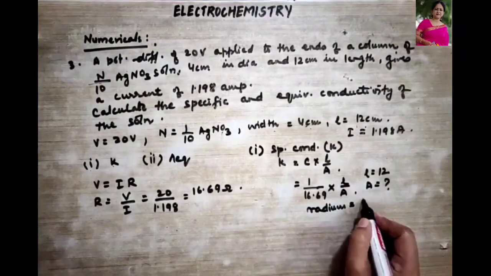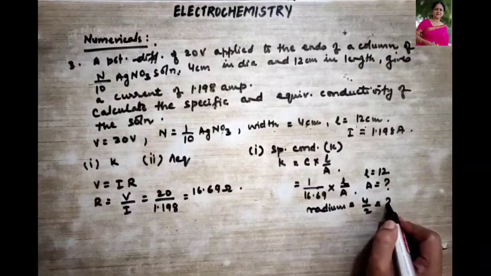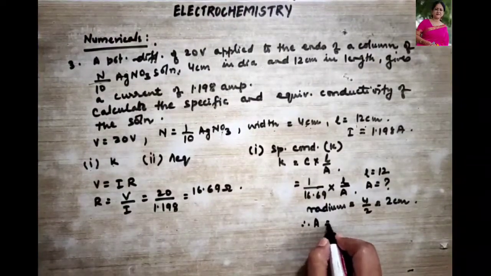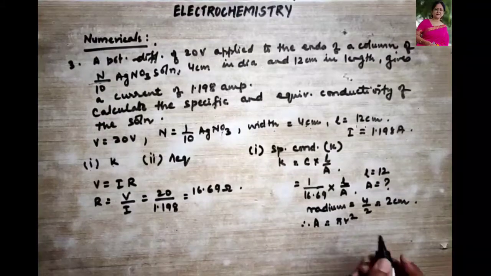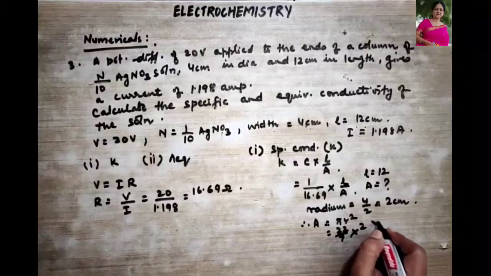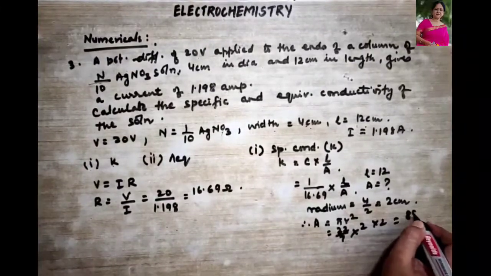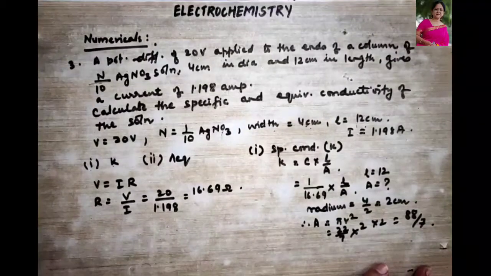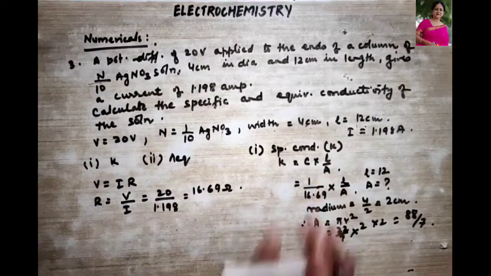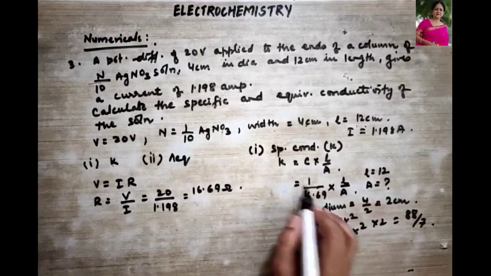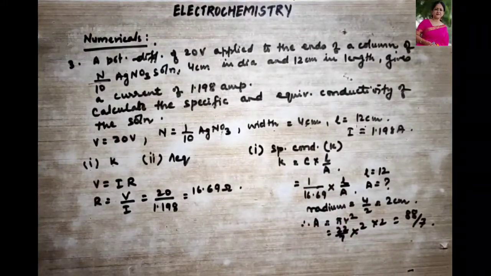Radius will be equal to 4 upon 2, that is 2 centimeters, right? Therefore, area of cross section will be equal to pi r square, 22 upon 7 into 2 into 2, which is going to give us 88 by 7, right? Now let's bring all this and use it in the formula over here.